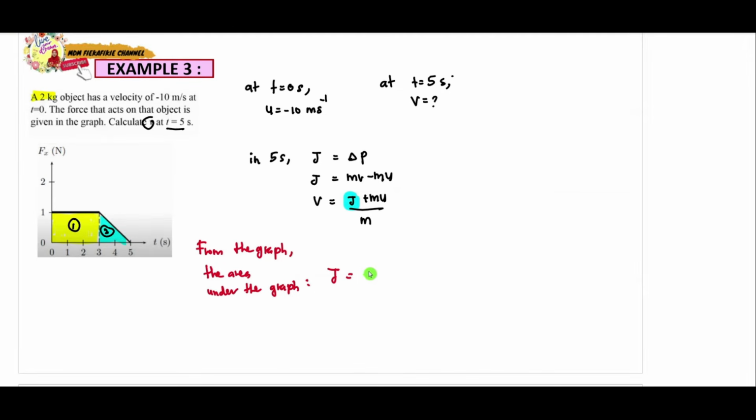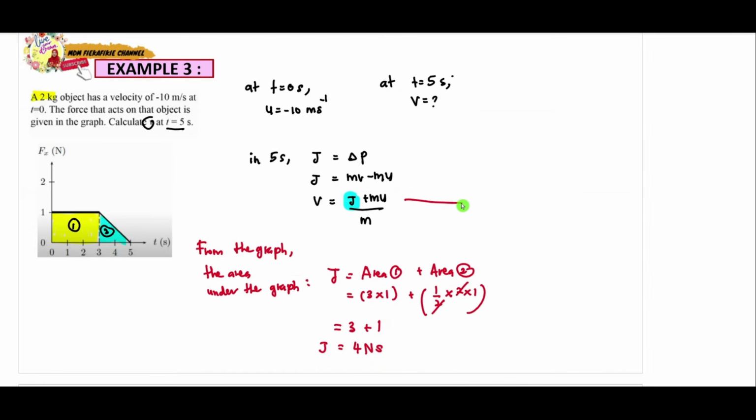It's equal to area 1 plus area 2. Okay, ni saya saja je kira asing. So area 1, 3 times 1, plus, we have a triangle here, half times 2 times 1. So it's equal to 3 plus 1. Okay, and the impulse from the area of the graph should be 4 Newton second.